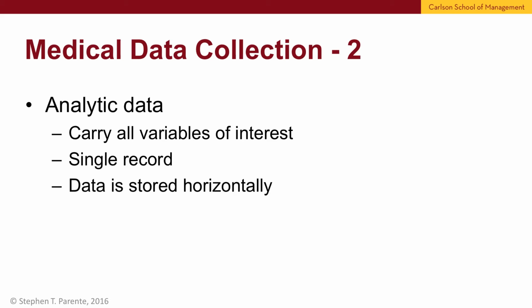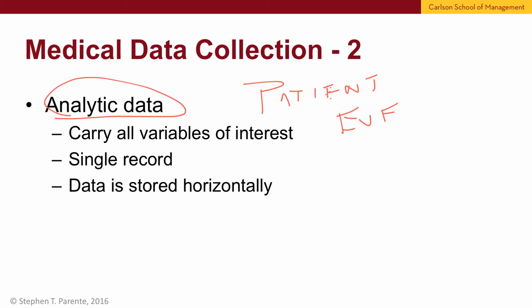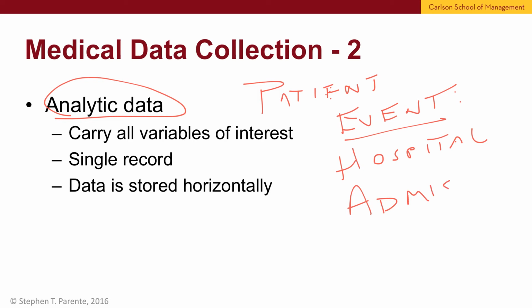The other thing that's part of this world is analytic data. When we have analytic data, we try to organize it by the patient and by their event. Usually that could be an inpatient event, meaning a hospital admission. We try to structure the data so that it carries a lot of additional information.